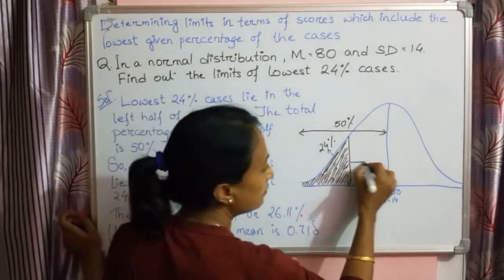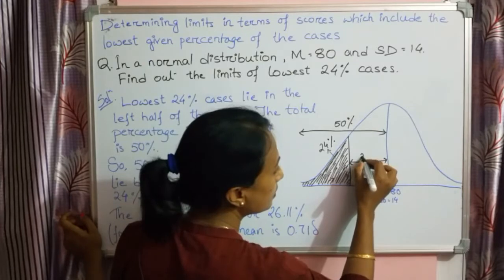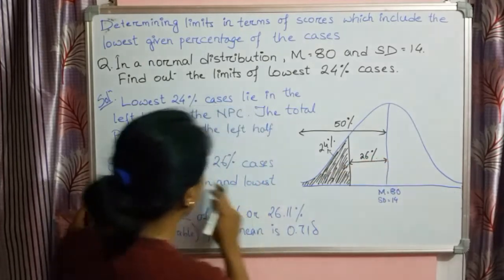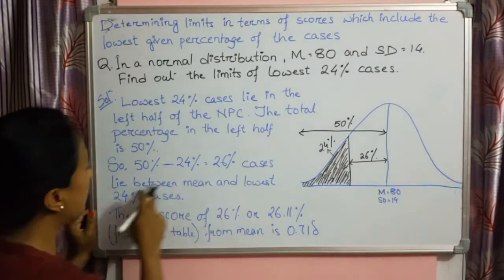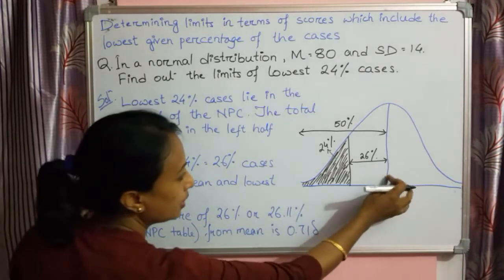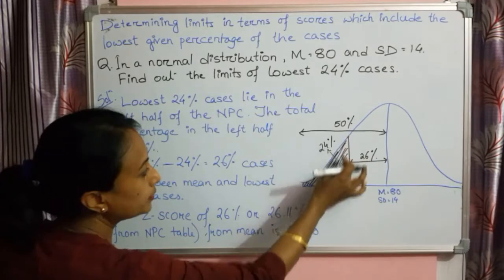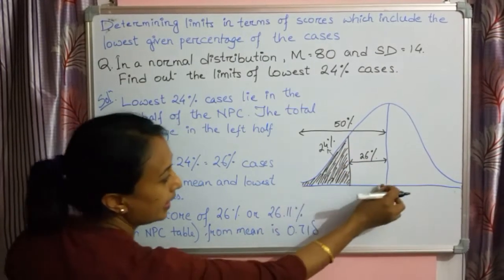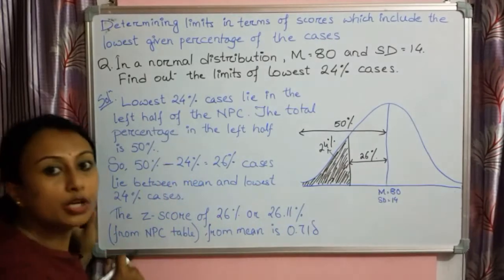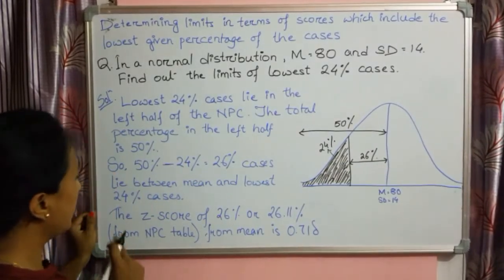So how much is left? 50% minus 24% is 26%. So 26% of cases lie between the mean and the lowest 24% cases.